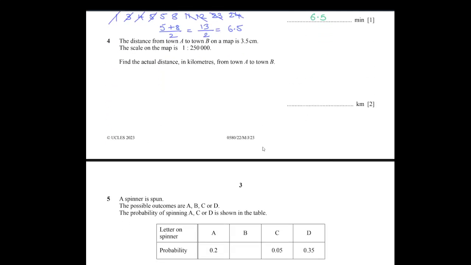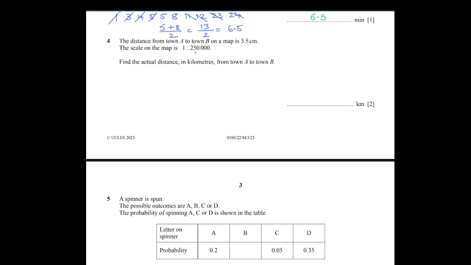Question number 4. The distance from town A to town B on a map is 3.5 centimeters. The scale on the map is 1 is to 250,000. Find the actual distance in kilometers from town A to town B. So now the scale is given as 1 centimeter to 250,000 centimeters, and the given distance on the map is 3.5 centimeters.